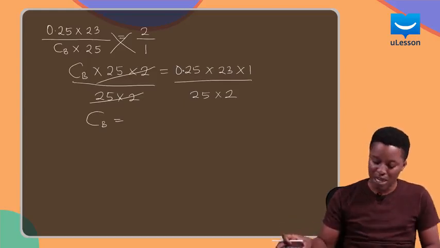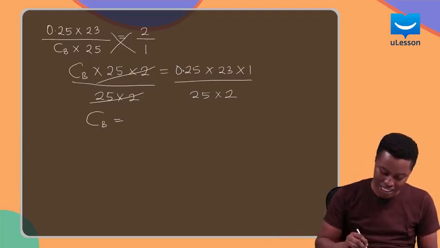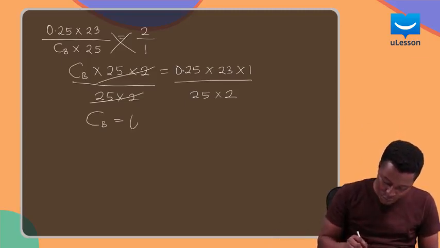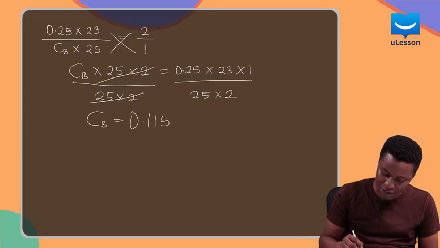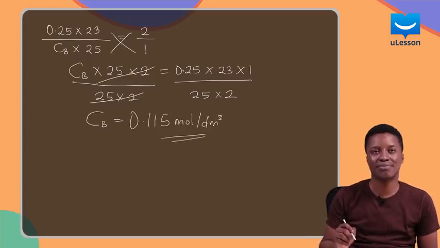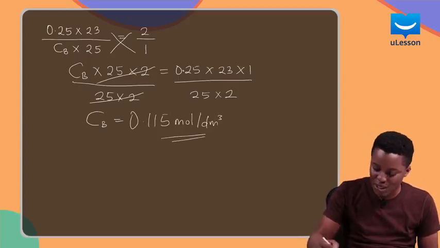So we have the molar concentration of the base to be 0.115 mole per dm cubed. And that's it. Let's try the second question.